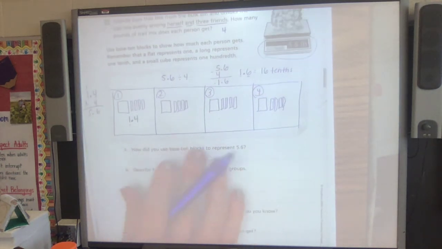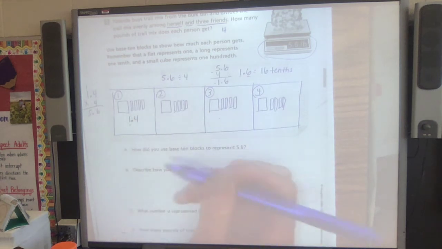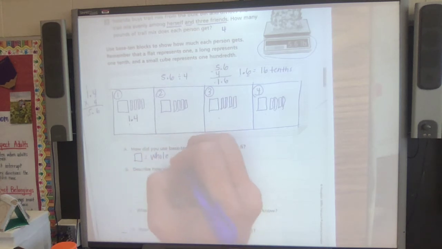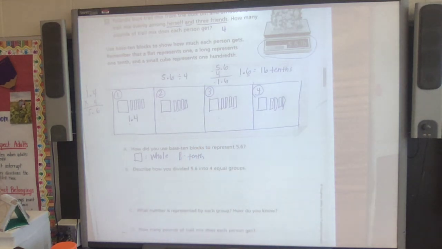Okay? How did we use our base 10 blocks? Well, we used our big ones for a whole, and our little 10 rods we used for a 10. Okay? And we divided 5 6/10 into 4 equal groups.